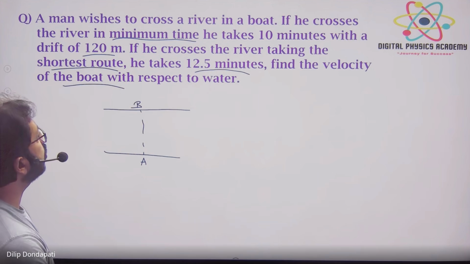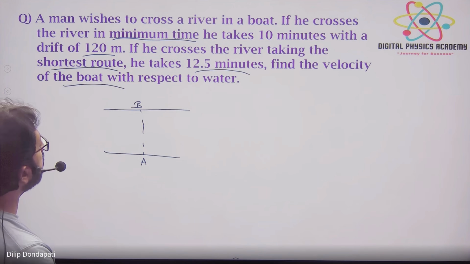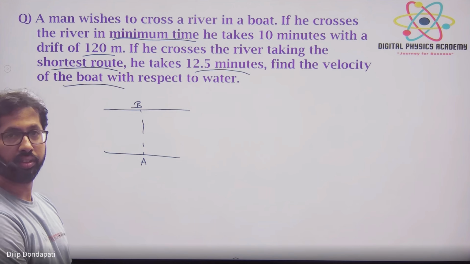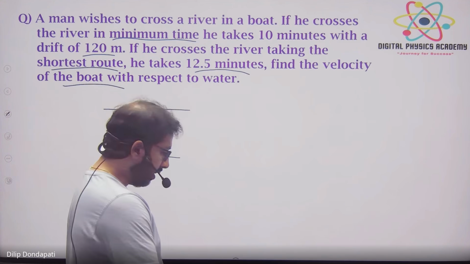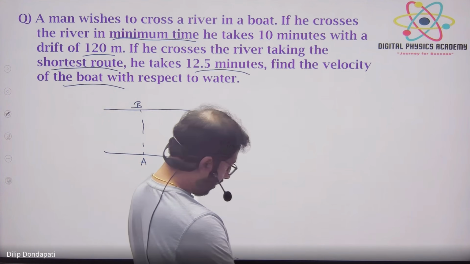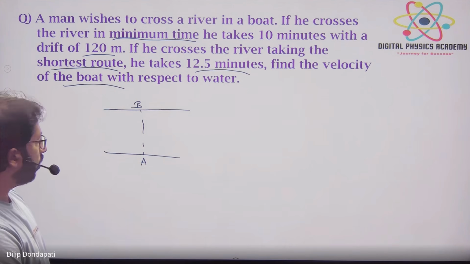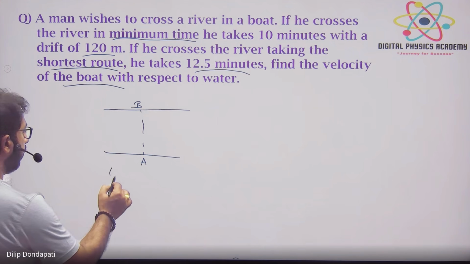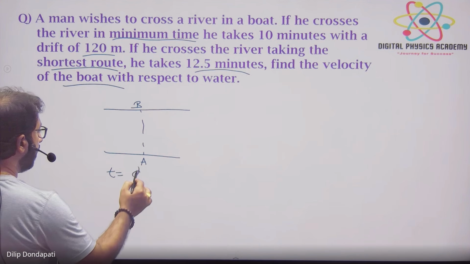The thing is that the minimum time is 10 minutes. A man wishes to cross a river. If he crosses the river in minimum time, he takes 10 minutes with a drift of this much. So the minimum time is 10 minutes, yeah. So first case में time का use करो. Time is equal to distance by speed; he has to cross like this, right?